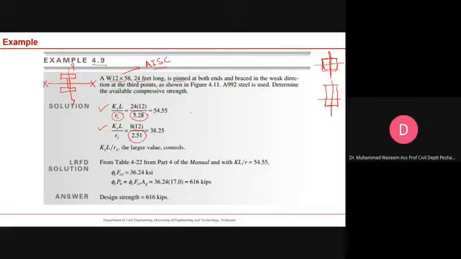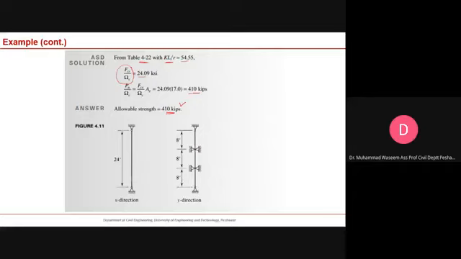So you have to calculate this slenderness ratio for both the x-axis and the y-axis. On the x-axis we do not have bracing, on the y-axis we have bracing, so we have to use a reduced length. It has been braced at two different points.